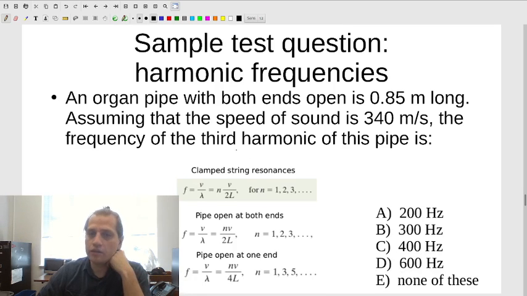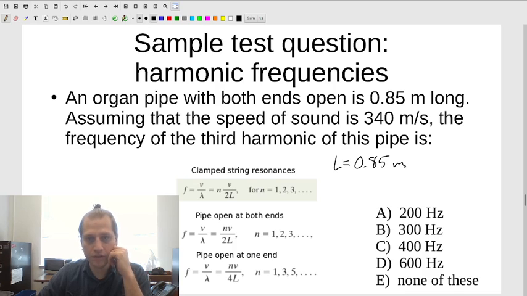Okay, now you have equations, and that can sometimes be helpful. It says an organ pipe with both ends open is 0.85 meters long. So that is the L in one of these equations. L equals 0.85 meters.